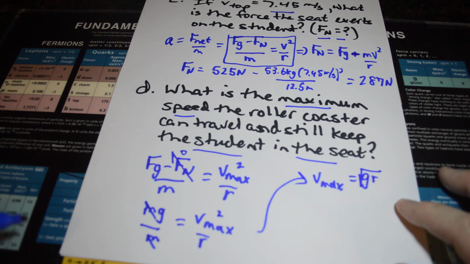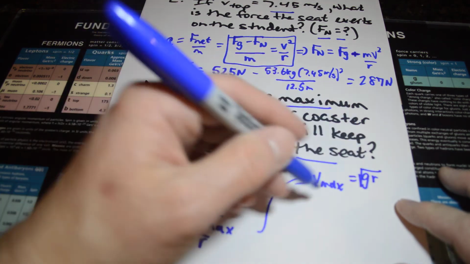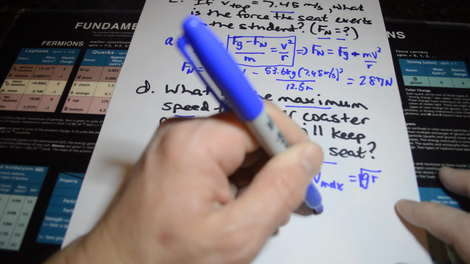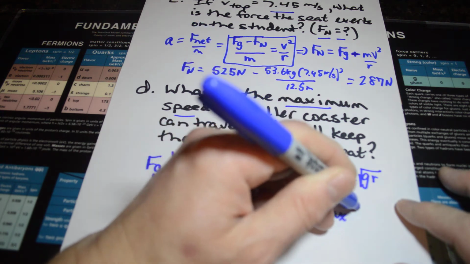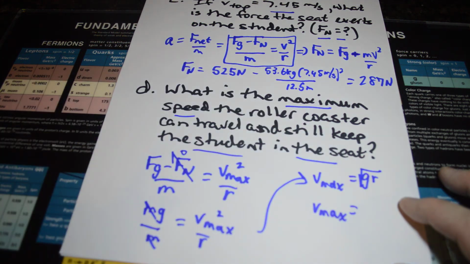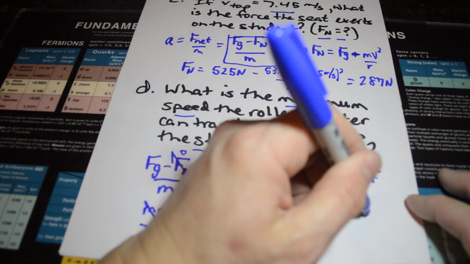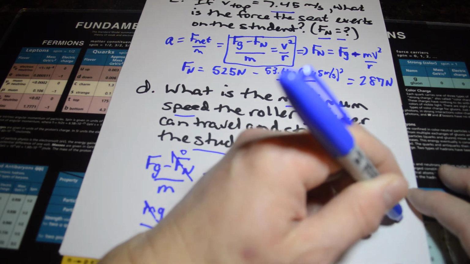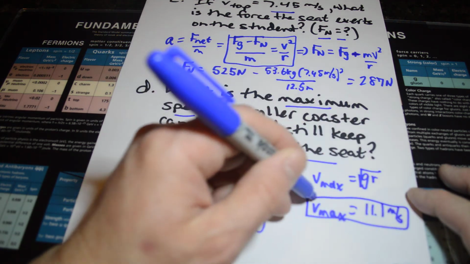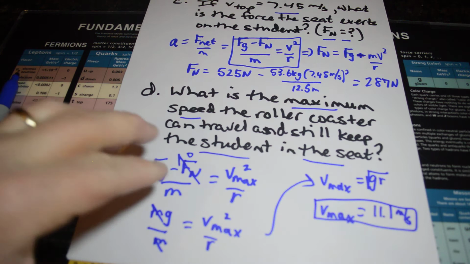Pretty straightforward calculation. You could take 9.8, multiply by 12.5, and then take the square root. If you do that, I have here that the answer is 11.1 meters per second. Does that make sense? Okay.